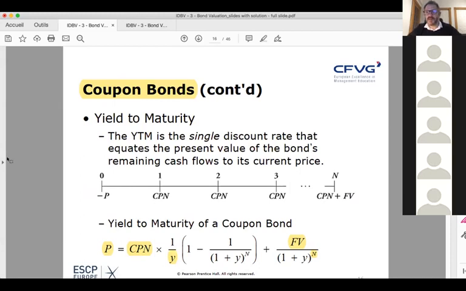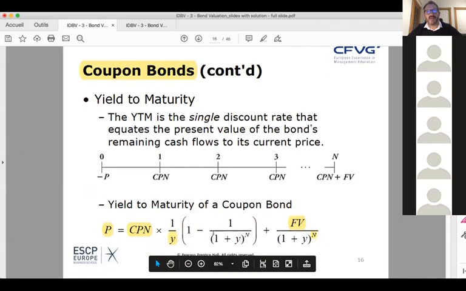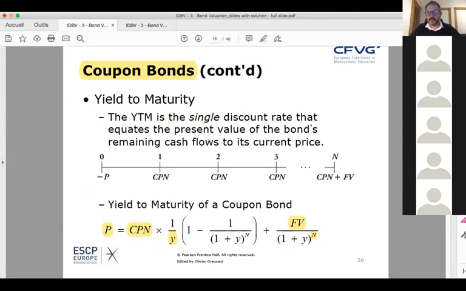So you take y equal to 2, the coupon is equal to 25, the face value is equal to 1000, and n is equal to 10. So you just have to calculate.